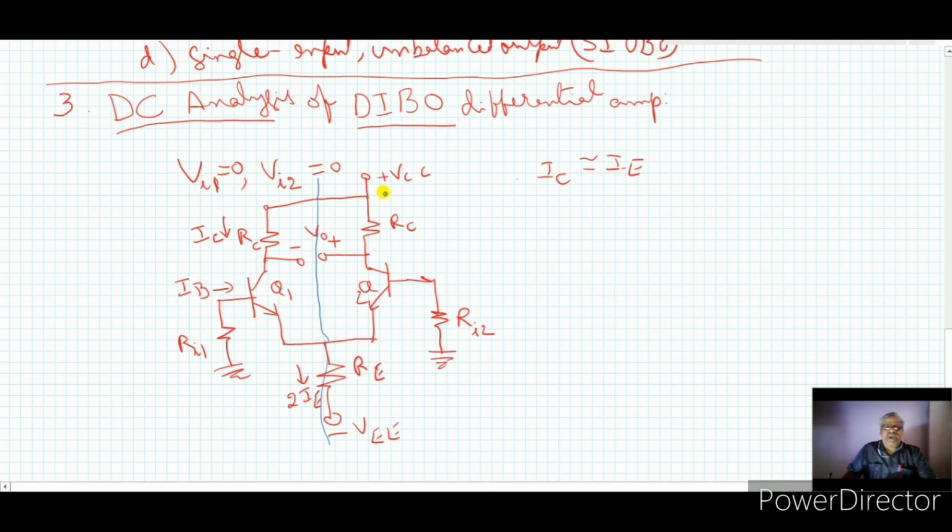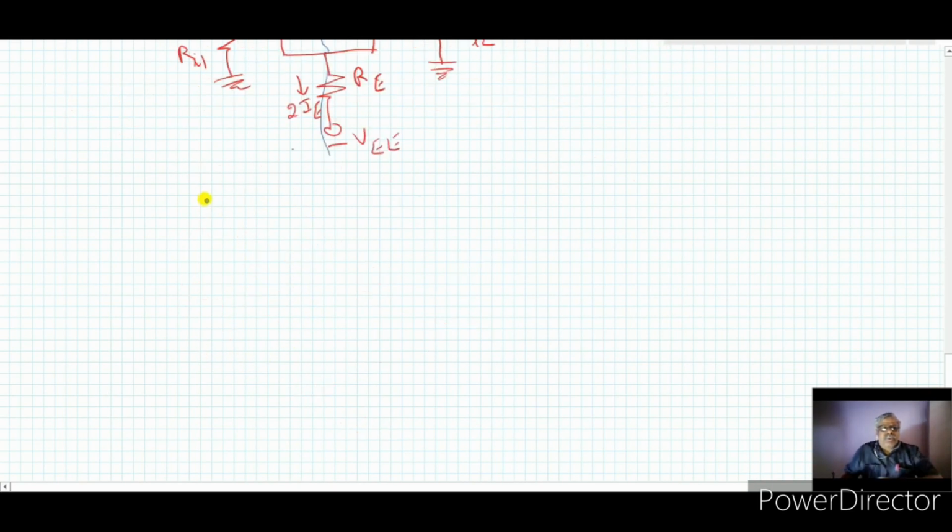So the currents flowing through the collector terminals of both transistors are equal, the currents flowing through the emitter terminals of both transistors are equal, and hence the base currents of our two transistors are also equal. So to simplify the DC analysis, we need not consider both transistor circuits. We can consider only one transistor circuit to simplify the analysis.